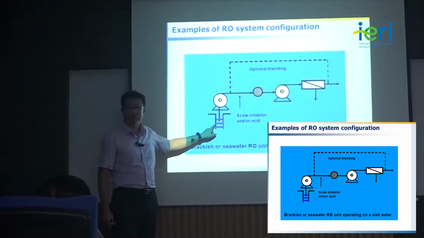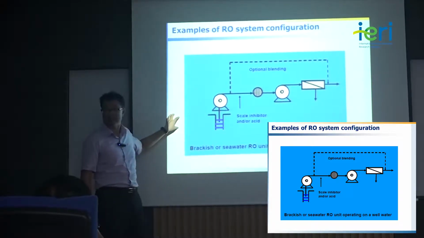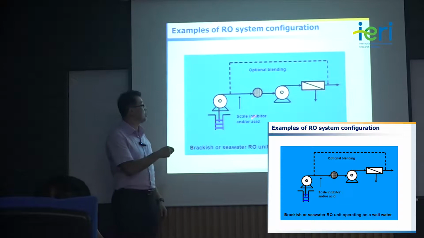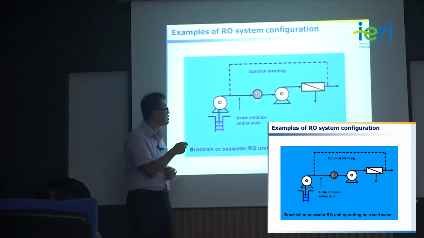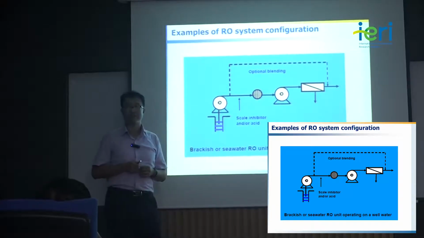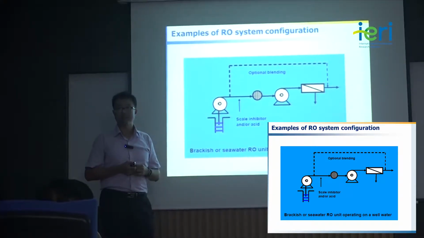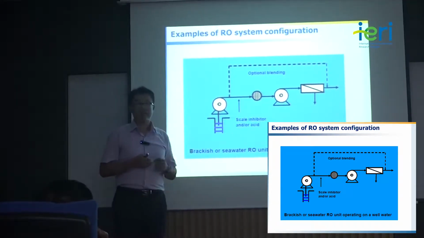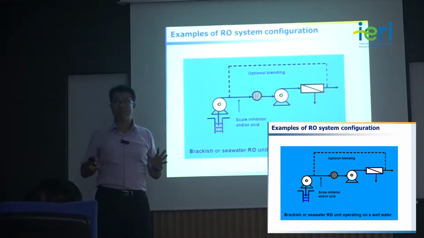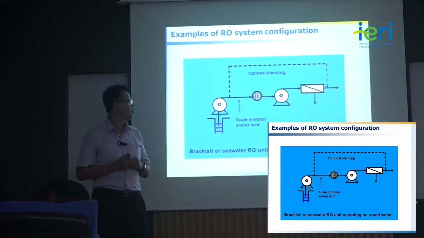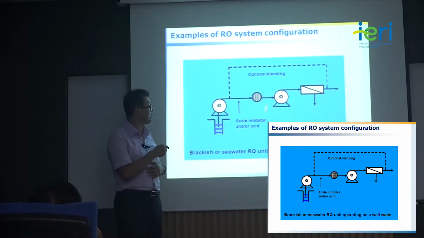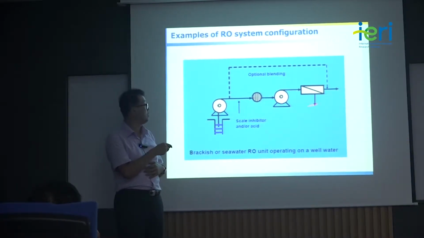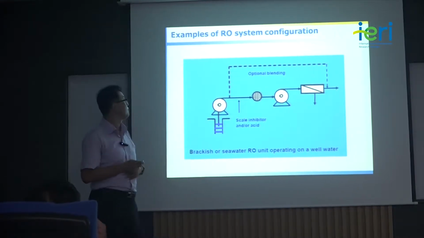So well water is rather cleaner than surface water. So you don't need a heavy pre-treatment step for this kind of system. This unit is called a cartridge filter. Usually this is not regarded as a pre-treatment step, just a kind of protection for the high pressure pump for the reverse osmosis membrane.